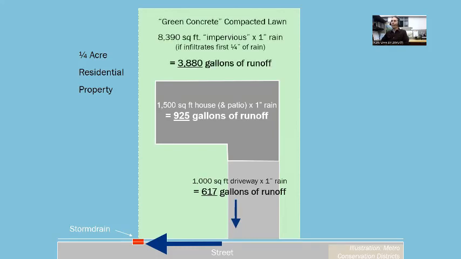And compacted lawn is sometimes called green concrete. From the construction process, soil gets very compacted around our homes and buildings, so it will only soak in a portion of the rain that falls on it. Most of the time, that's about a quarter inch. If it's a 1 inch rain event, it's variable.